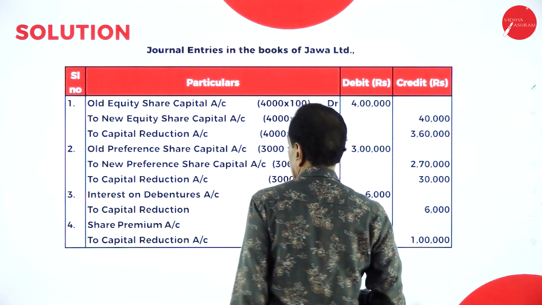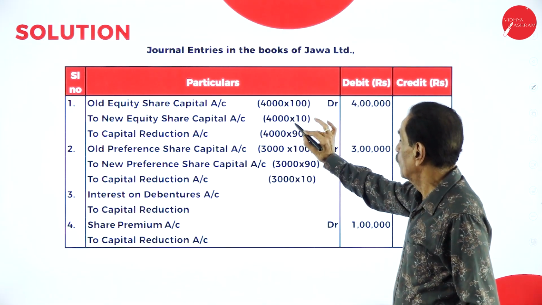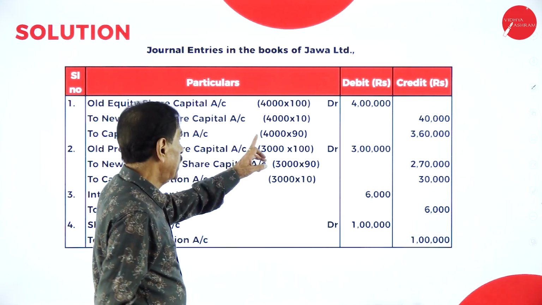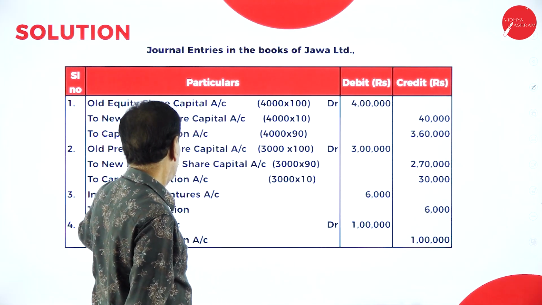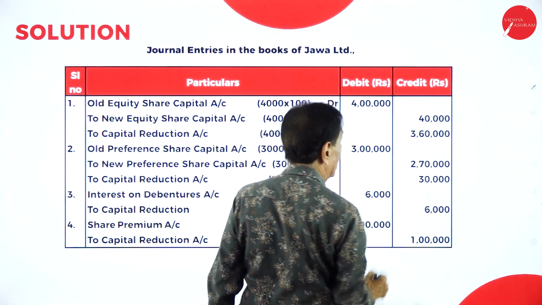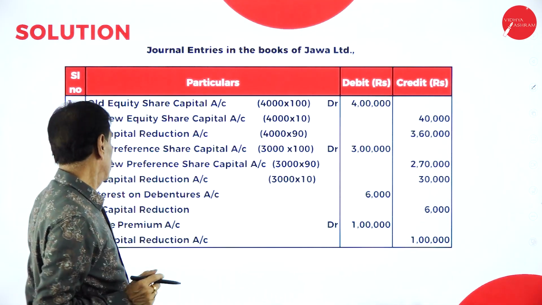We go. First one, old equity share capital account debit 4,000 into 100, 4 lakh, to new equity share capital 4,000 into 10, 40,000. How much do they contribute to capital reduction? 4,000 into 90, 3,60,000. This is the contribution made by the equity shareholders.